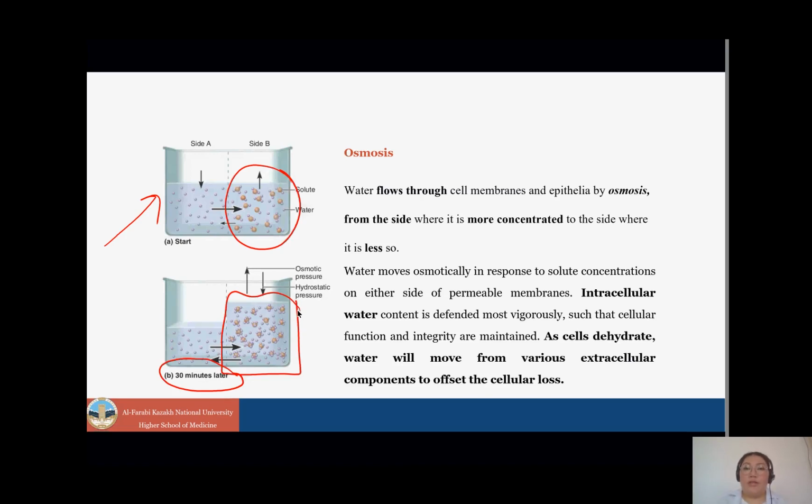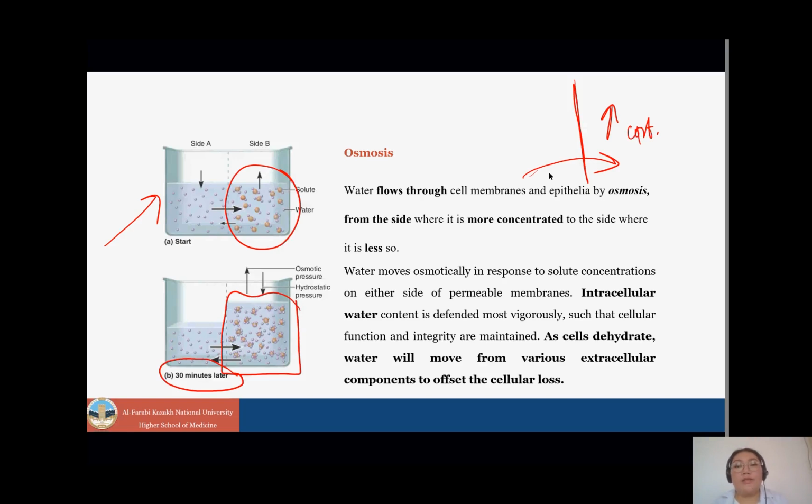So if we have a high concentration, the water will follow to maintain the balance, from the side where it's more concentrated to the side where it's less.